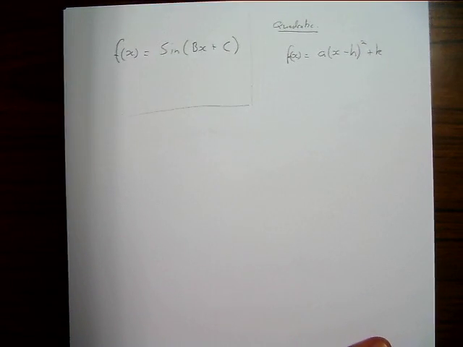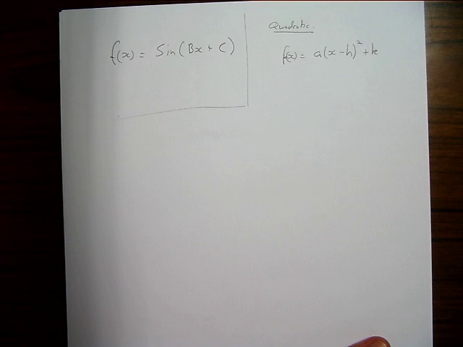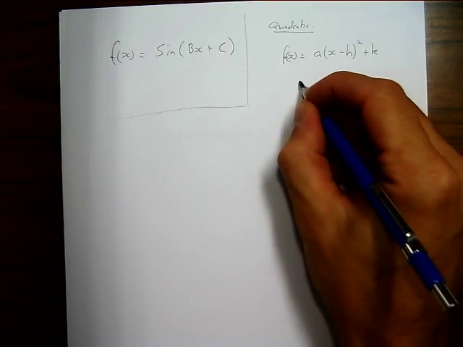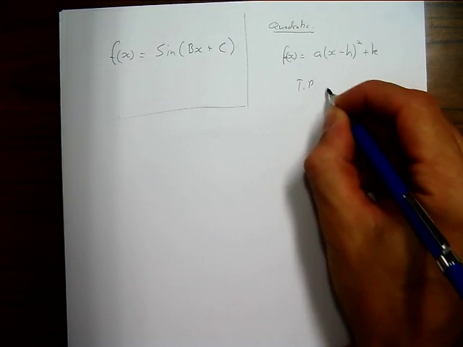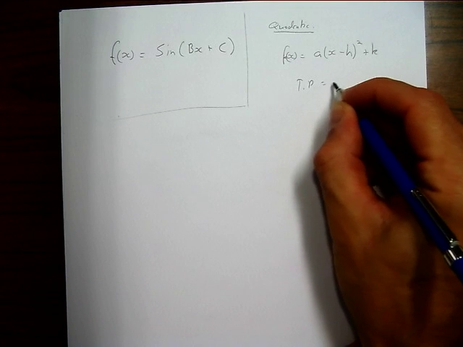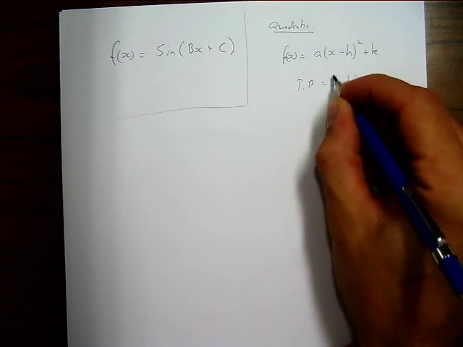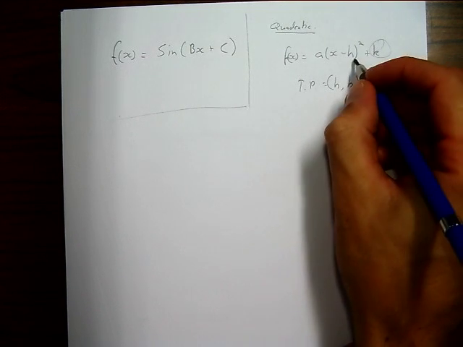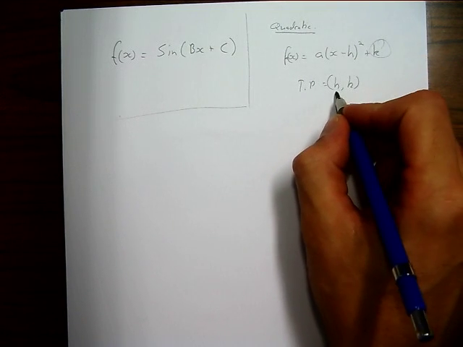You guys recall that? That does look familiar. This is the turning point formula, and the turning point was (h, k). So k is our vertical shift, and the h value is our horizontal shift.